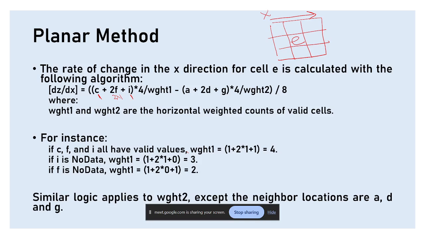If I is no data, and no data means you don't have anything there, then it will be 0 for that term. If F is no data, then this value will be 2. So you have 4 when all the values are valid, and if I is not valid, then it is 3, and if F is not valid, then it is 2. Similar logic applies to weight 2, except the neighbor locations are A, D and G.